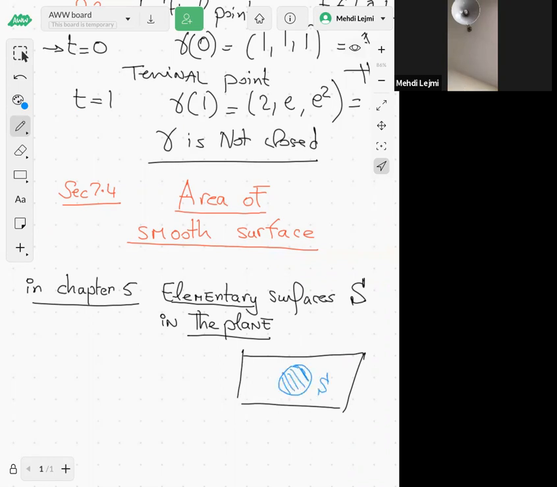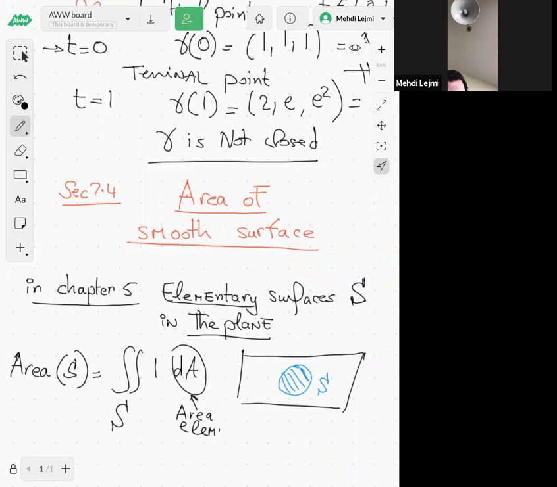The area of this surface S would be the double integral over S of dA. This is the area element, right? So that's a double integral. We use the double integral to compute the area of surfaces in the plane.